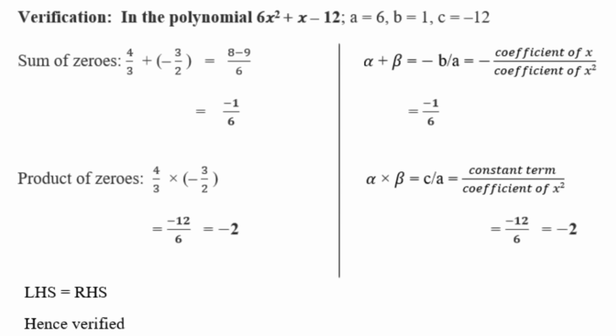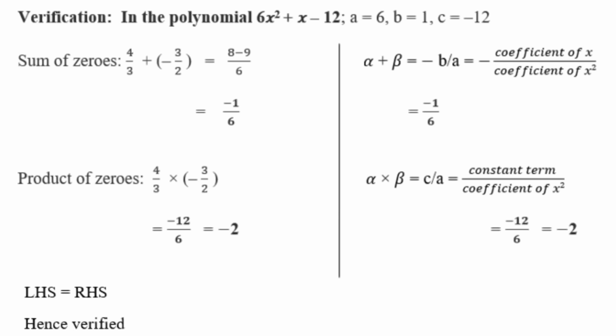So alpha plus beta is equal to minus b by a, which is minus coefficient of x upon coefficient of x square, which is coming as minus 1 by 6. And alpha beta is equal to c by a, which is constant term upon coefficient of x square, which is coming as minus 2. So as we have seen, LHS equals RHS in both the cases, sum of zeros and product of zeros. Therefore, our verification is done.